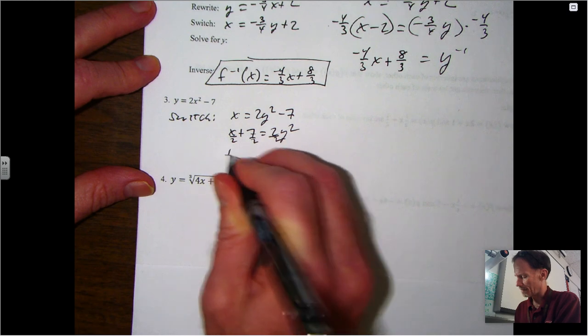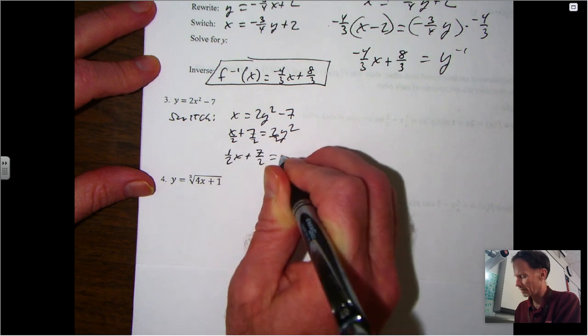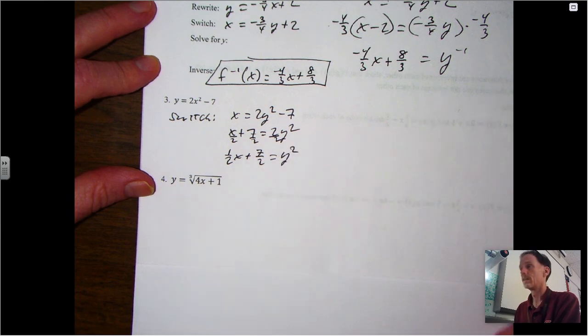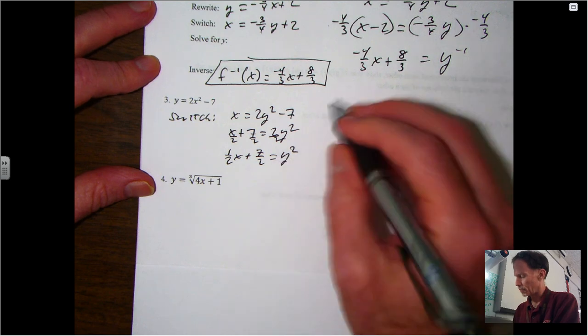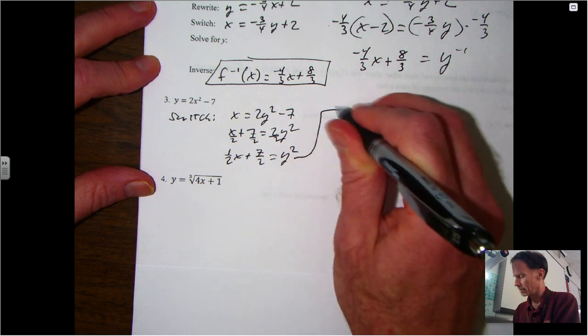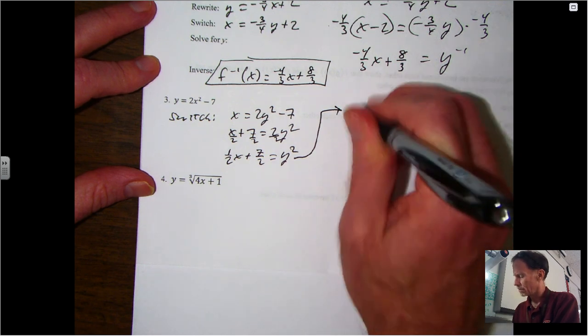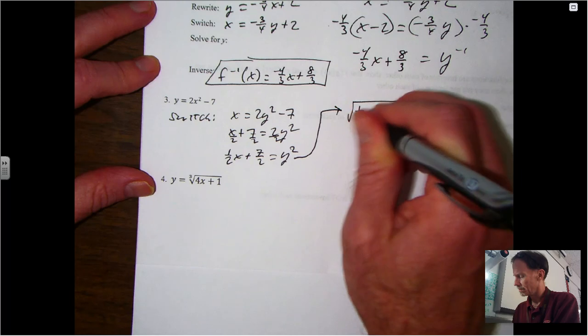So it's going to be 1/2 x plus 7 over 2 is equal to y squared. Okay, I'm not done yet. Now we have to get rid of the square. How do we get rid of a squared power or a second power? Take the square root of both sides. So it's this.